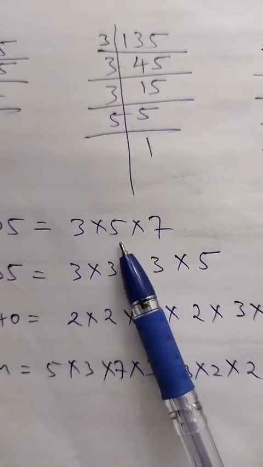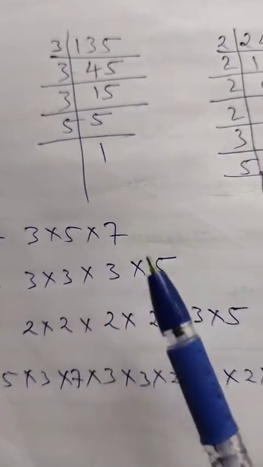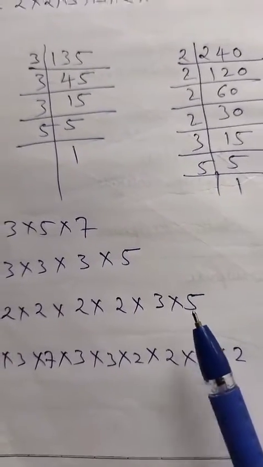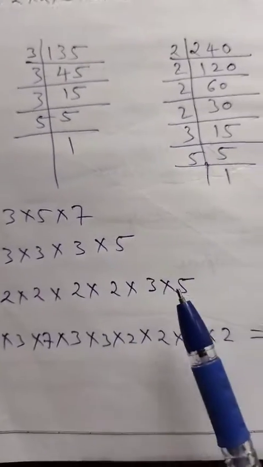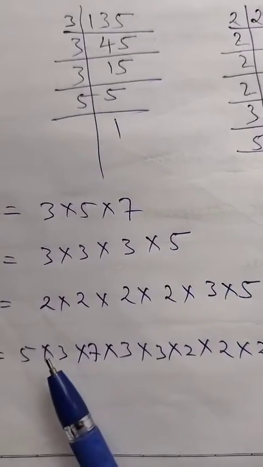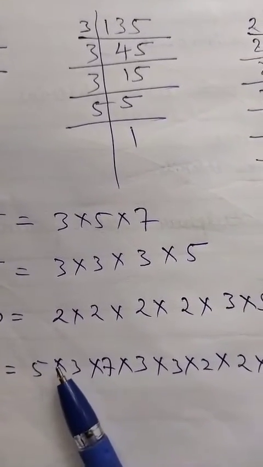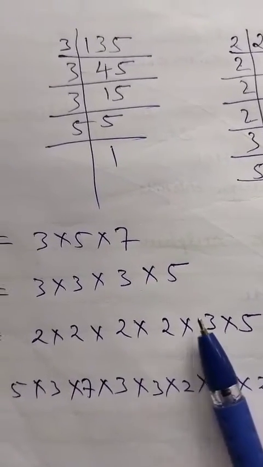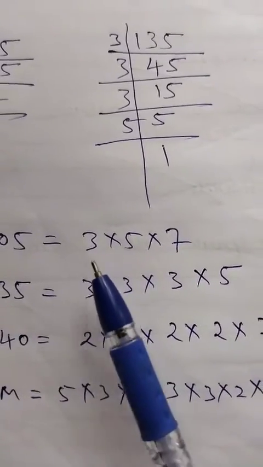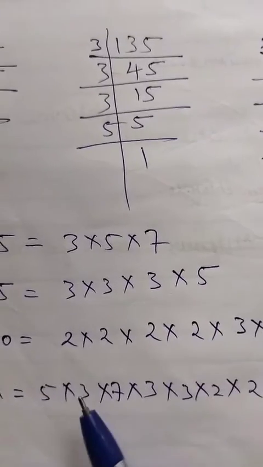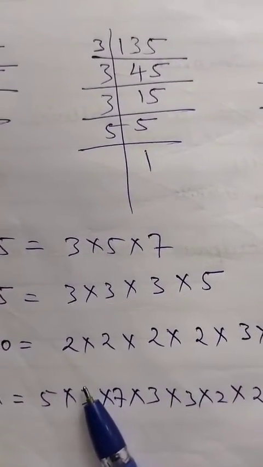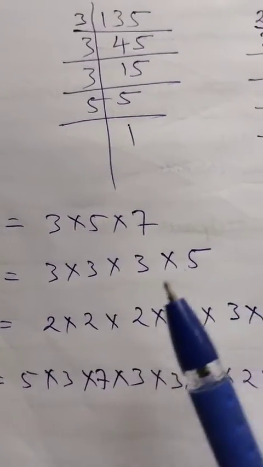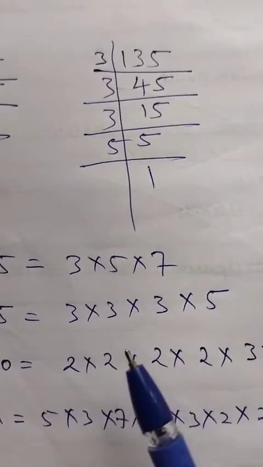Like this, 5 is coming in all the three, here also and here also. So 5 can be considered as a common factor. Then we will pull out 5 from here. Then 3 is also coming in all the three. See, 3, 3 and 3. So in all the three factors 3 is coming, so 3 will also be taken as common. Now the remaining part, now nothing is coming common.